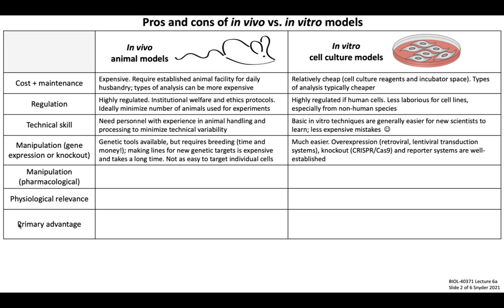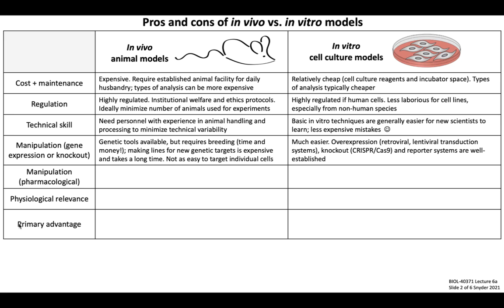But if you have to either make new genetic tools for mice or breed mice in order to create certain combinations of these targets, this can take a really long time and therefore end up costing a lot of money. Also note that getting cell-specific or tissue-specific genetic targeting is a lot more difficult in mice, and although there are some systems that work quite well, which we will learn about more during lecture 6C, a lot of these are not 100% specific for a cell or tissue of interest.